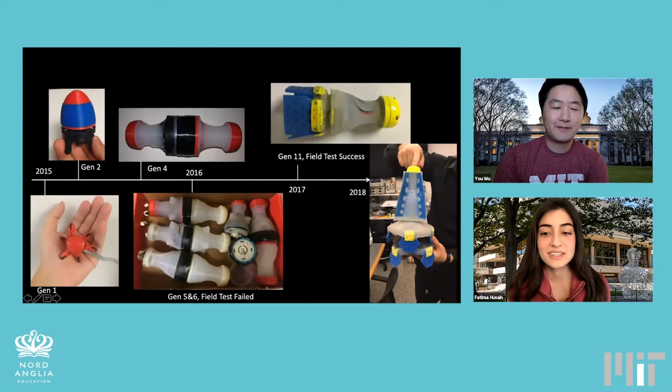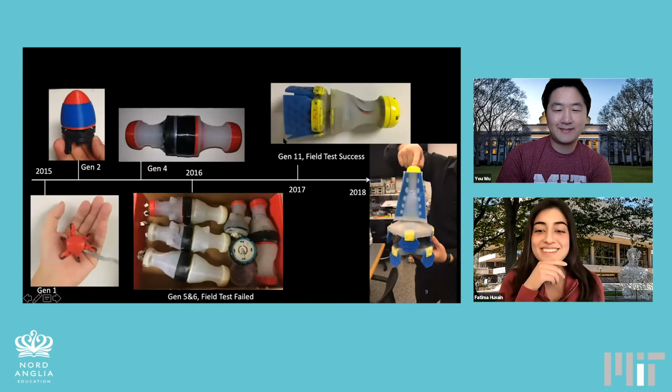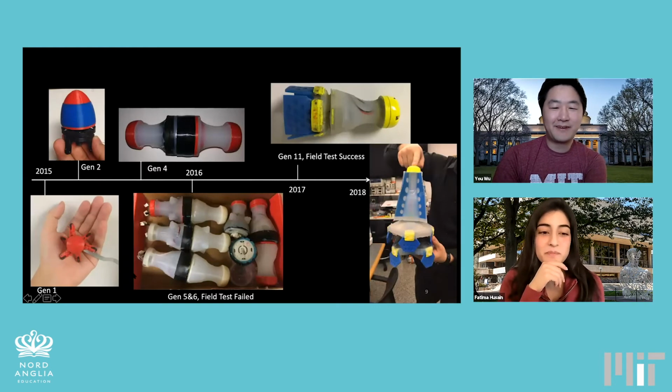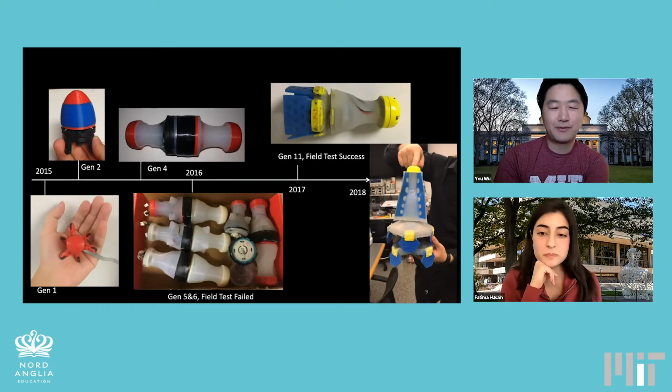All the pictures on the left-hand side are the robots that failed. I showed Fatima this picture back in 2017 or 18. I call it the graveyard of robots. Those are all the robots that I put in a pipe, and they came out broken.